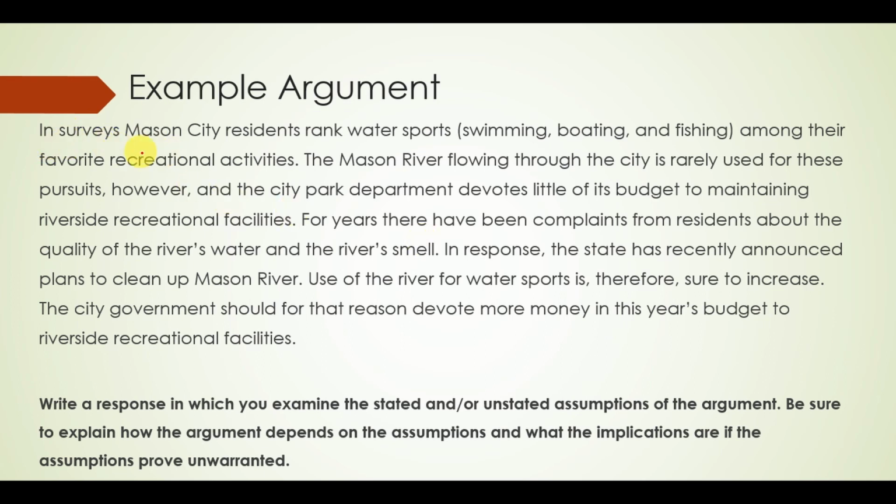In surveys, Mason City residents rank water sports, swimming, boating and fishing among their favorite recreational activities. The Mason River flowing through the city is rarely used for these pursuits, however, and the City Park Department devotes little of its budget to maintaining riverside recreation facilities. For years, there have been complaints from residents about the quality of the river's water and the river's smell.